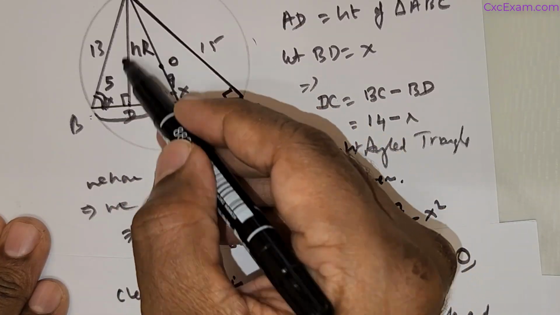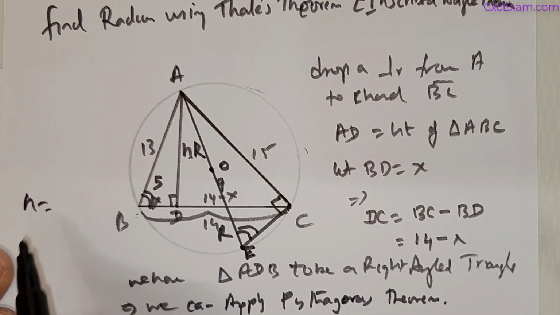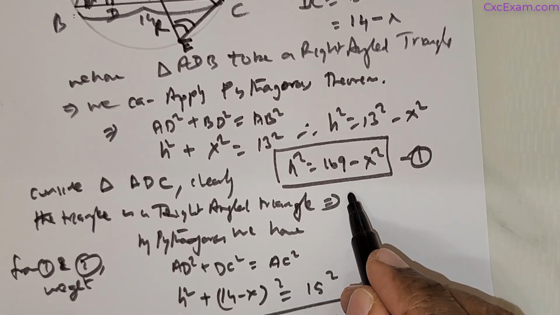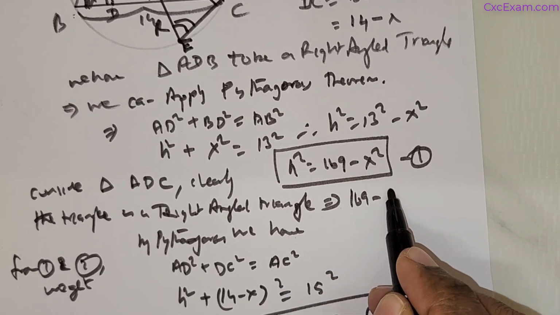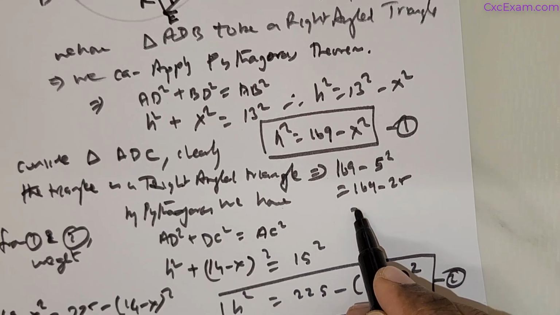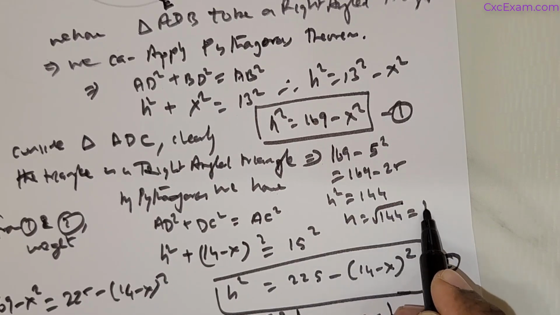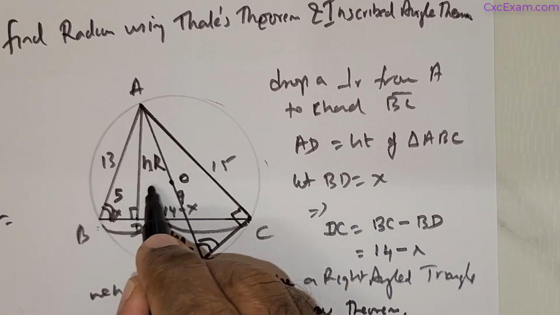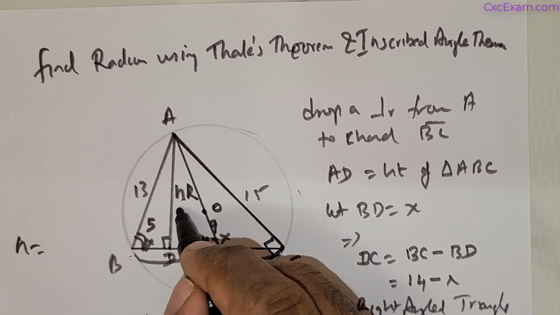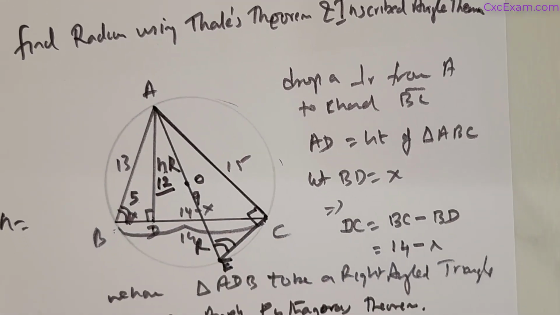This length is already got, right? So we can get the h. H squared is nothing but 169 minus x squared. X is 5, squared is 25, so it's 169 minus 25, which is h squared equal to 144. H is equal to root of 144, which means 12. So the opposite side has h equal to 12 units. Okay, that comes in handy.